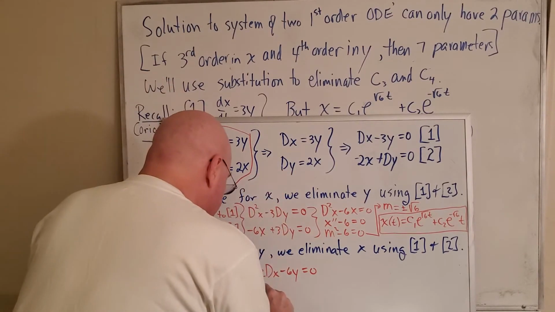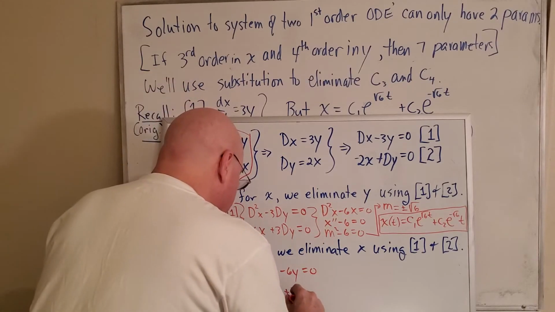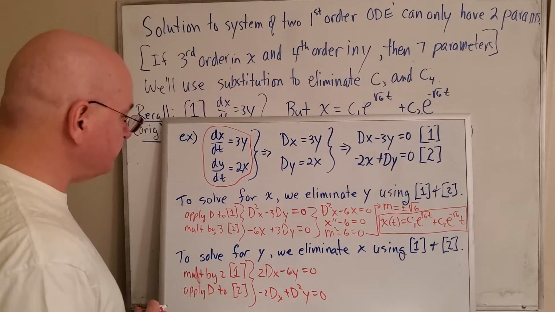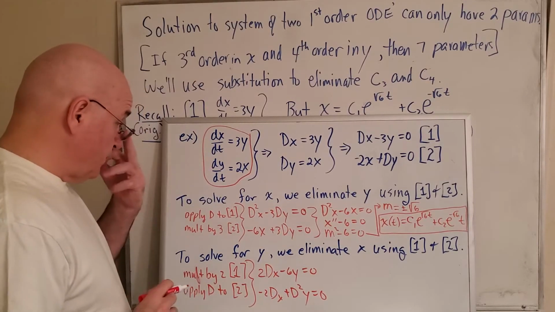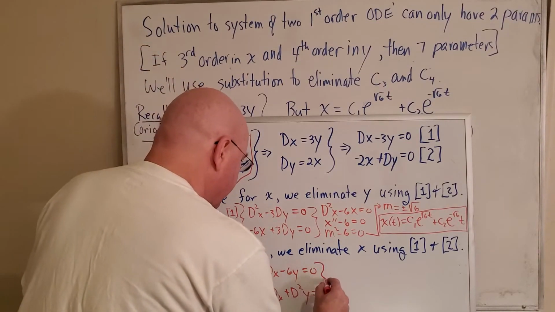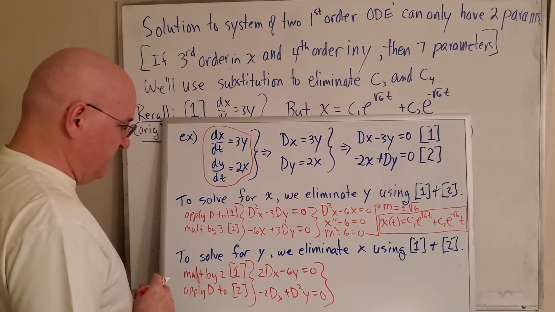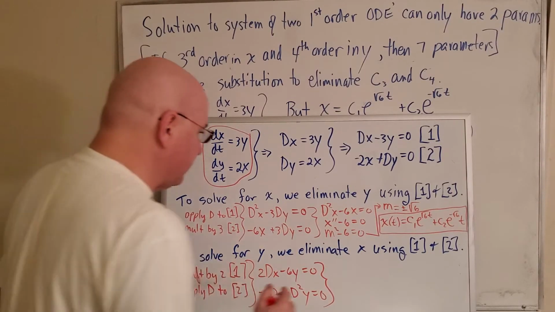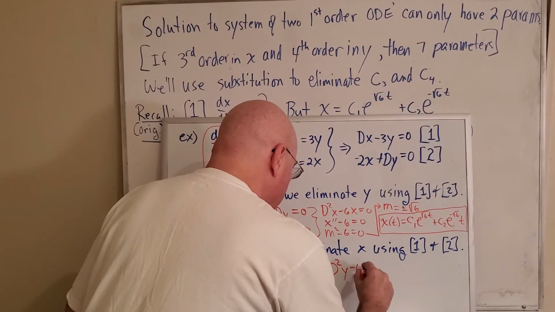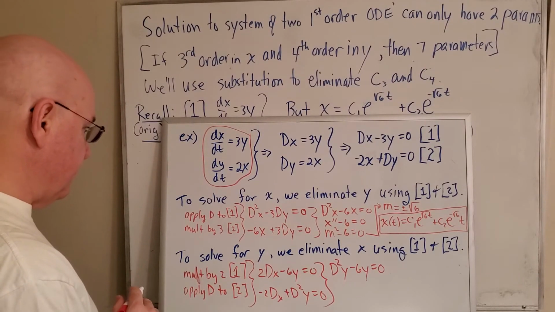So I get negative 2Dx plus D squared y equals 0. All right, so when I add those two equations together, these drop out, the 2Dx and the negative 2Dx. So I'm going to get D squared y minus 6y equals 0.